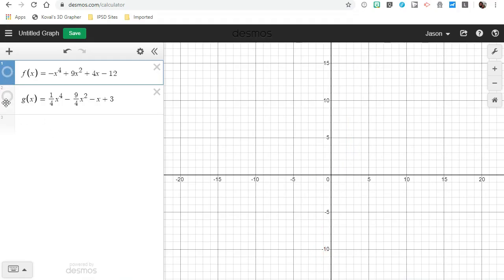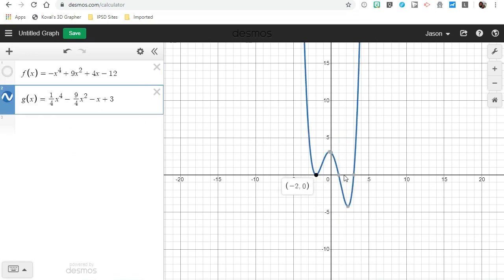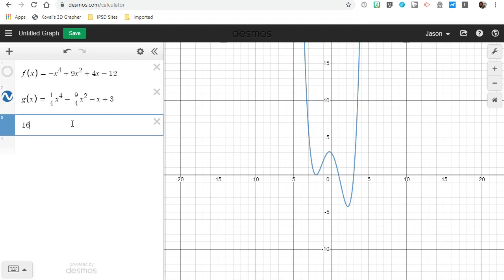So if I graph this one, I see that it does still have roots at -2, 1, and 3, which is good. And then notice that my minimum is at the same x value that my maximum was. And I'm venturing a guess that the y value at -4.237, if you take the 16.947 and divide it by -4, you end up with -4.237.